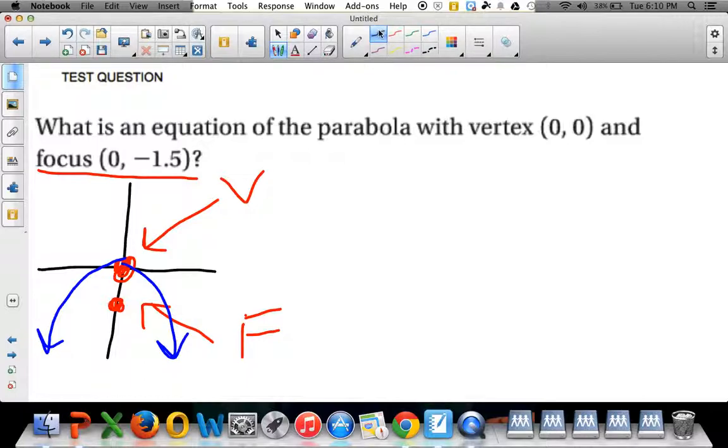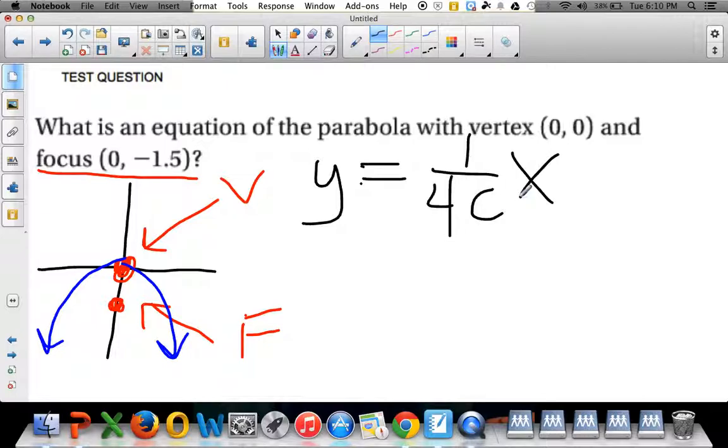So I know that I'm going to use the equation y equals 1 over 4c x squared. Knowing that my focus is negative 1.5, I will plug it in to my c right there.